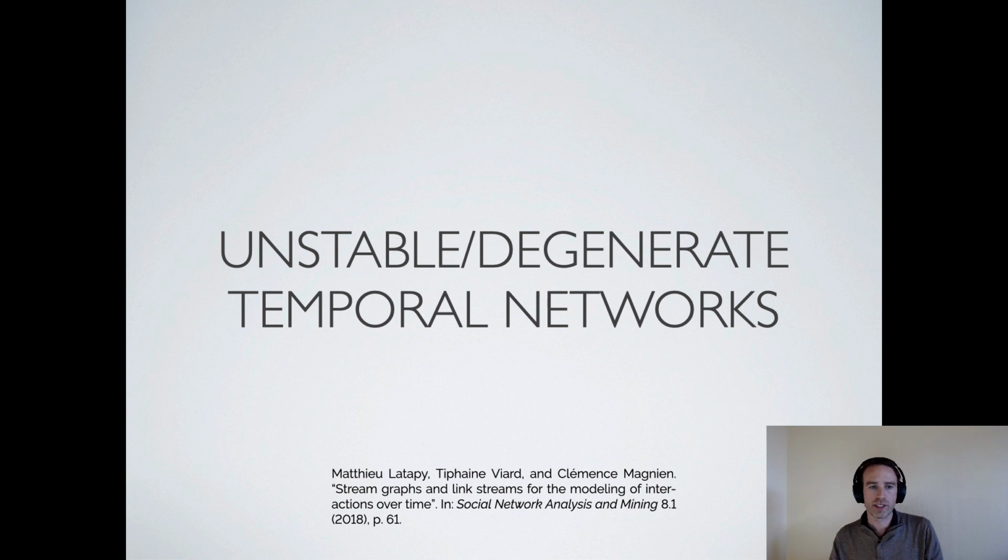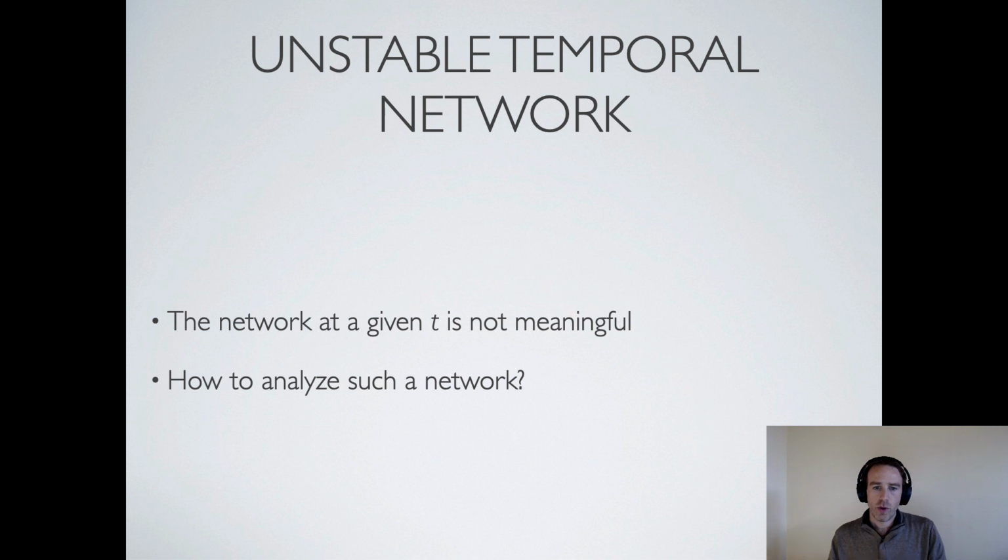The third type of dynamic network you can be confronted with is one in which the temporal network is unstable or degenerate. The way to understand it is that if you look at the network at a particular point in time, a particular t, the network is not meaningful. A typical example would be emails. Let's say you have collected a lot of email exchanges between thousands of individuals in a large company or university, and you have the particular second at which each email was sent.